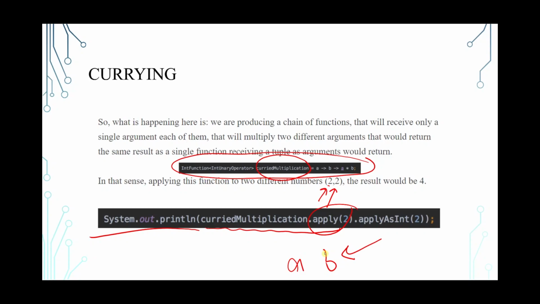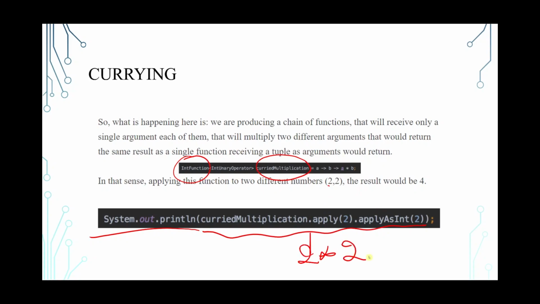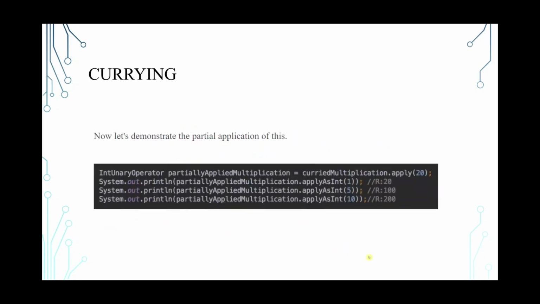When you do dot apply, but because we have it as IntFunction, you do have to do applyAsInt. When you do applyAsInt 2, this is your b, and now you get a result out of all this. You get the result of 2 times 2, which is 4.